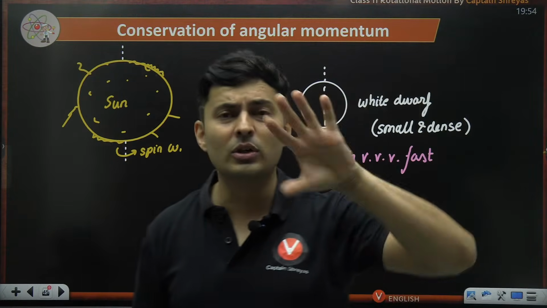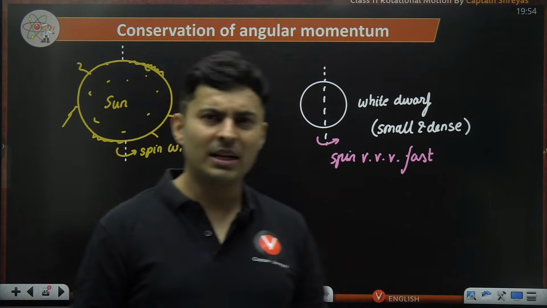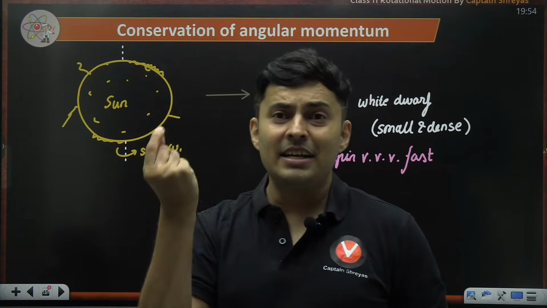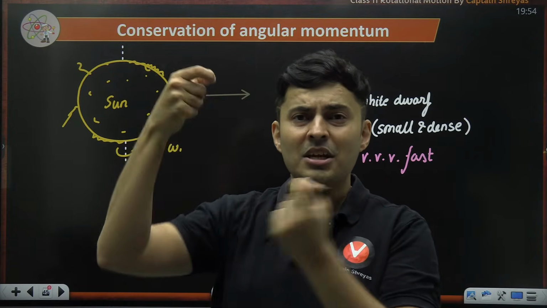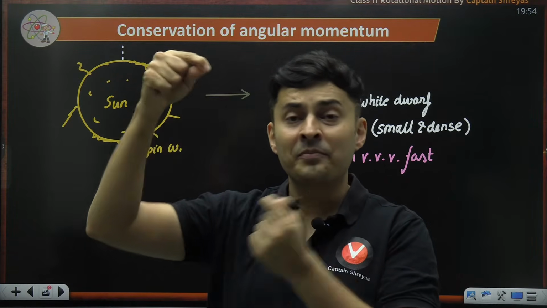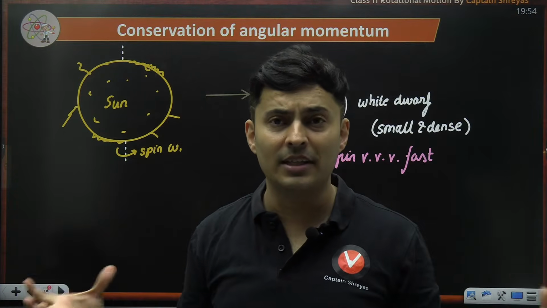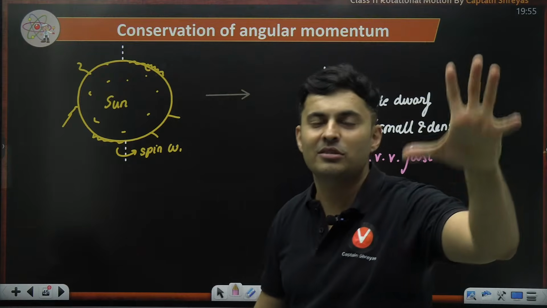There were some neutron stars, which are like white dwarfs only, but much smaller in size. They end up rotating so fast, and if there are charges and magnetic materials around them, they end up creating crazy electromagnetic fields around them, and those fields are extremely strong.